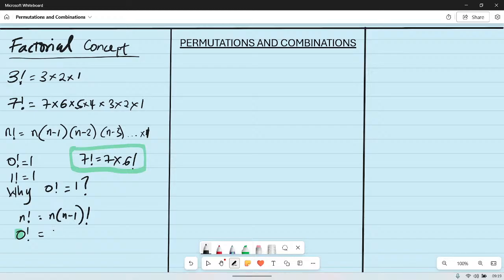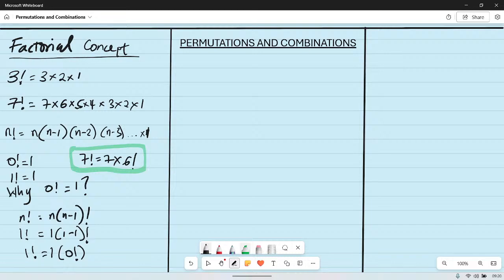Similarly, let me use 1 factorial. 1 factorial is the same as 1 times 1 minus 1 factorial, and 1 minus 1 gives you 0 factorial. So 1 factorial equals 1 times 0 factorial.